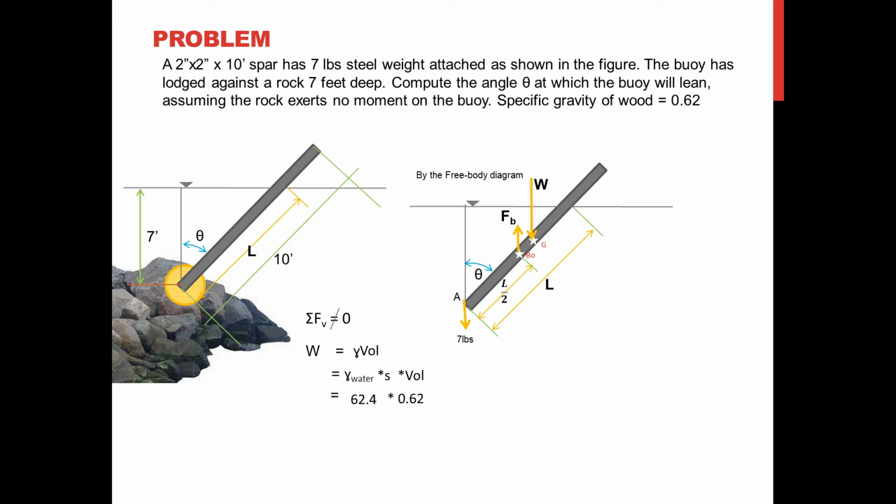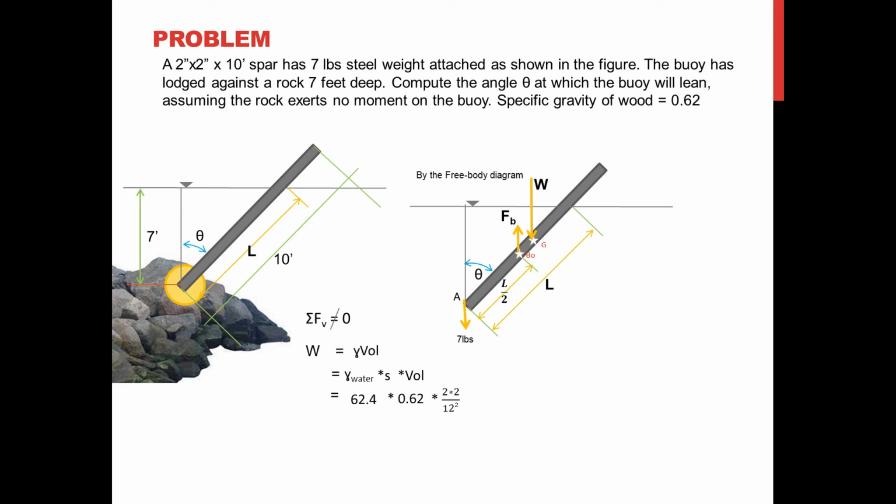The given specific gravity for the spar is 0.62, and the volume is 2 by 2 by 10. So 2 by 2 is in terms of inches, so we need to convert that to feet by dividing by the conversion factor of 12 squared. Why 12 squared? Because 1 foot is equal to 12 inches.